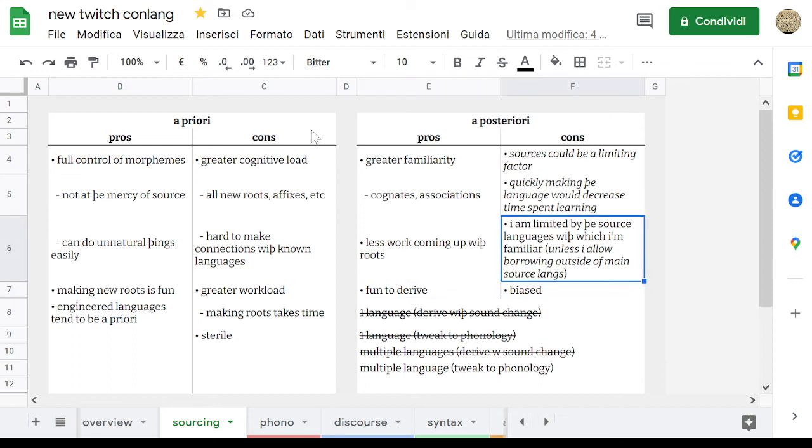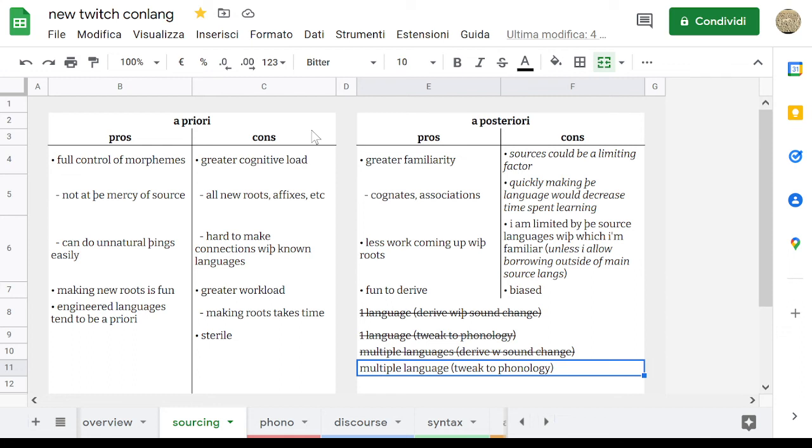So even if it is a potential con in terms of I don't have the association, I can build a new association. And rather than having a new association that's just coming out of thin air, it's a new association that might be useful in the real world because it's a real language that people speak. That's kind of the benefit there.